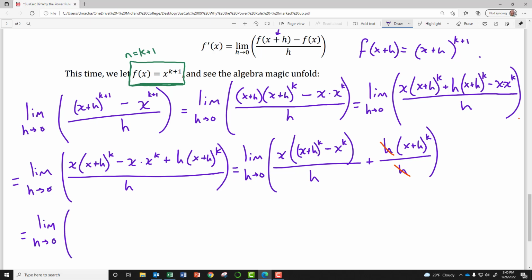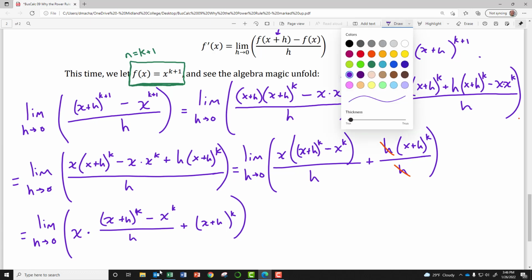I'm going to let this x factor in the numerator of my first fraction be out to the side, times my new numerator of that first fraction, which will be (x plus h) to the power k minus x to the power k, divided by h. Then I have plus (x plus h) to the power k.